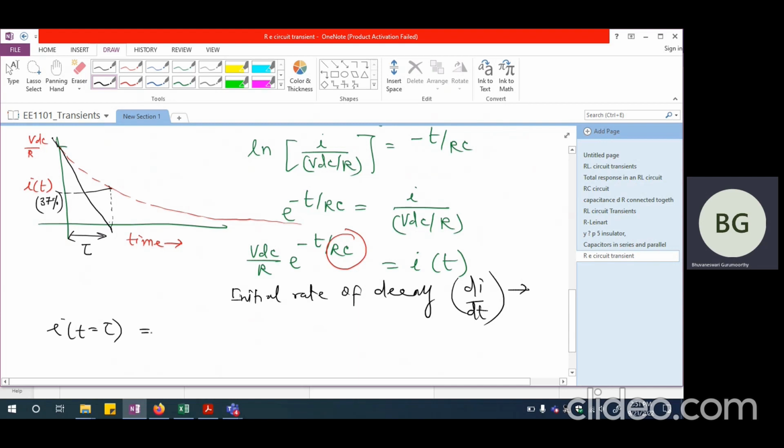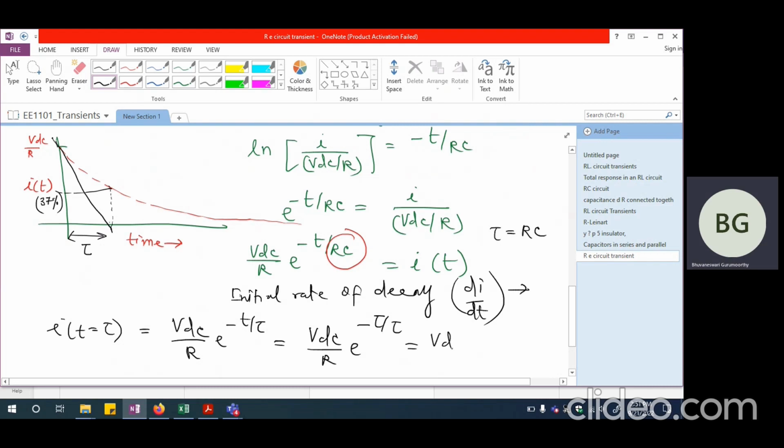If I want to calculate this, in this particular case, of course, tau is going to be RC, because e power minus t by tau is what we are writing as the rate of decay with respect to the initial current value. So this t has to be now replaced by tau and divided by tau.